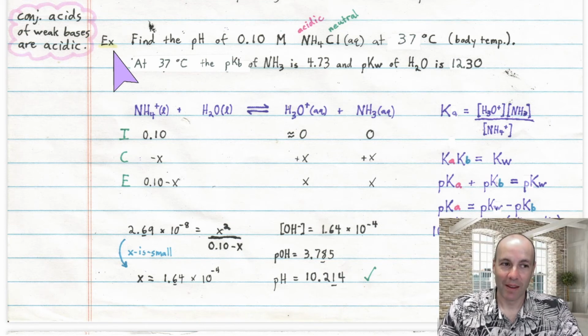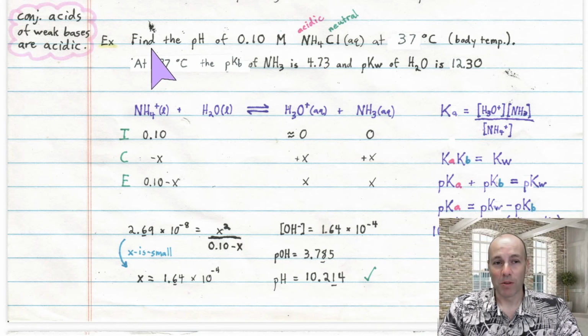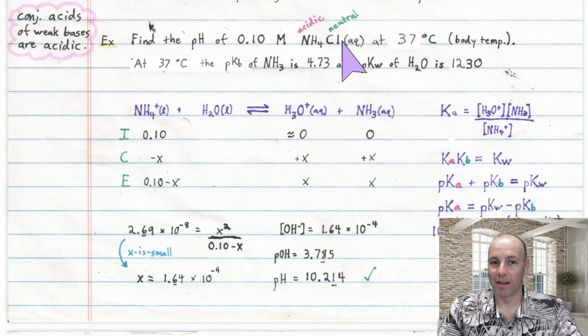Now, let's just read it. Suppose you want to find the pH of 0.1 molarity ammonium chloride in solution. And it's at 37 Celsius, which is body temperature. So find the pH of 0.1 molarity ammonium chloride at 37 Celsius.